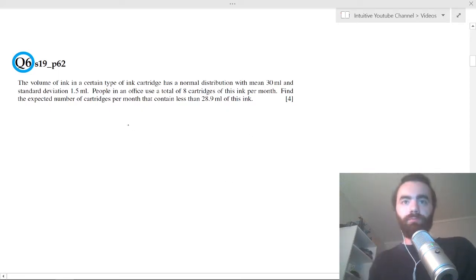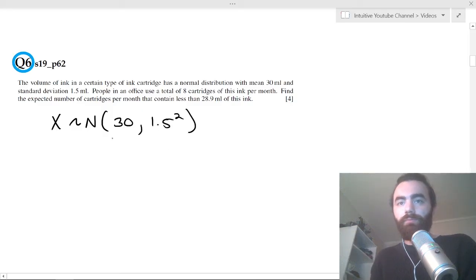Okay, another question. The volume of ink of a certain type of ink cartridge has a normal distribution. So let's say X is the volume of our inks, and that is normally distributed with a mean of 30 and a standard deviation of 1.5. So people in the office use a total of 8 cartridges per month.